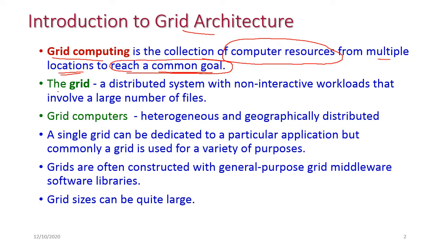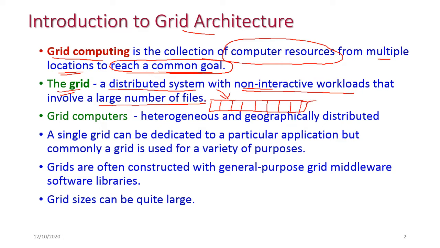And next one is the grid, which is a distributed system. Grid is a distributed system with non-interactive workloads that involve a large number of files. So this means when we give a very huge problem to a grid, it will divide that huge problem into small sub problems.